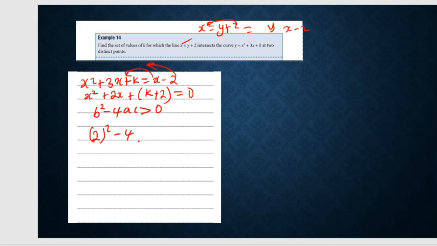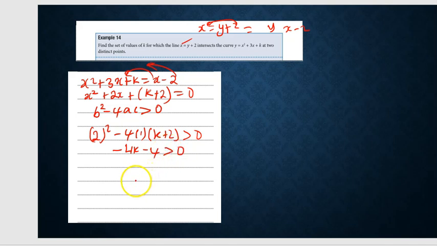It is 4 times 1, right? Multiply this by c, k plus 2. So this must be greater than 0. This becomes negative 4k minus 4. 2 squared is 4. And this is greater than 0.